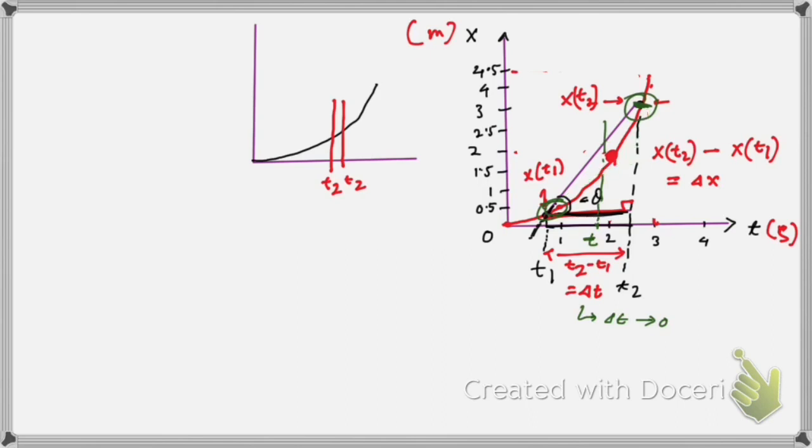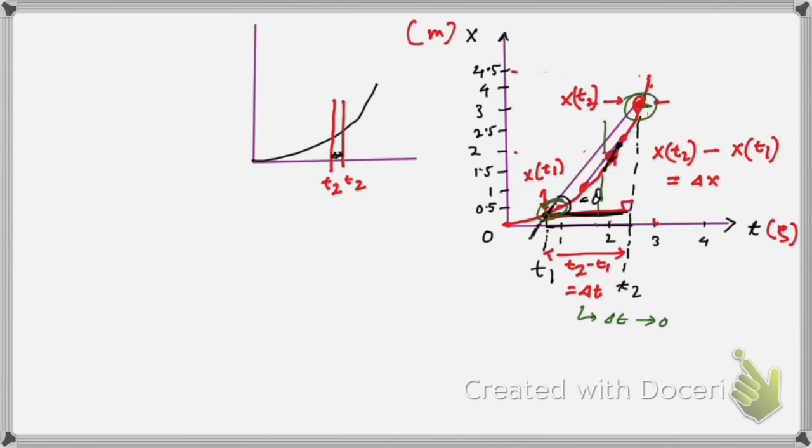Very close. Suppose you see, let me take this point now here, and this point here. Then this will be the chord joining these two. Similarly, if you bring these two even closer, then this will be the chord, and when you bring these two points very close, that means this time separation tends to 0.